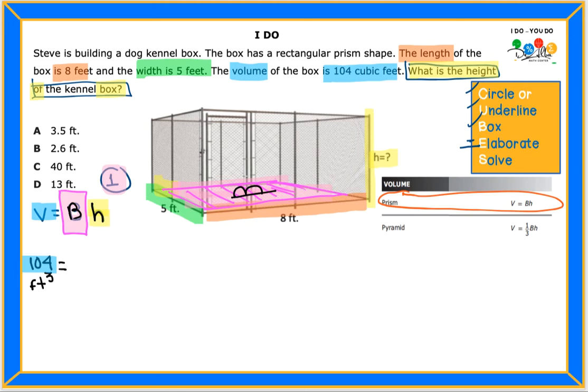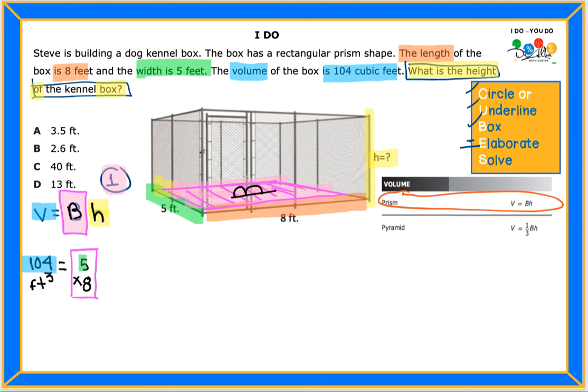Now here we have a rectangle. And to figure the area of this rectangle, what do we have to do? We have to multiply the 5 times the 8.